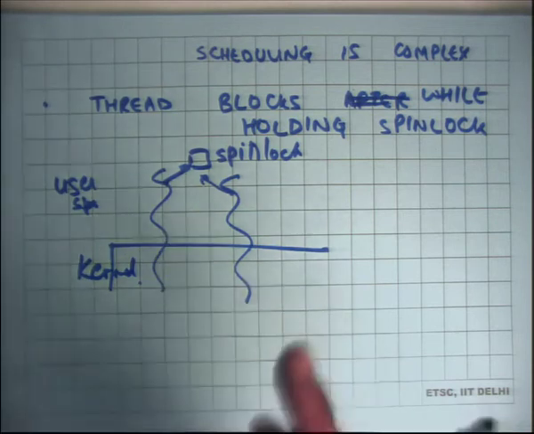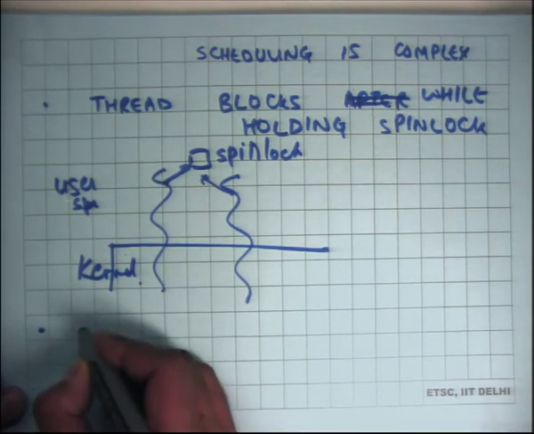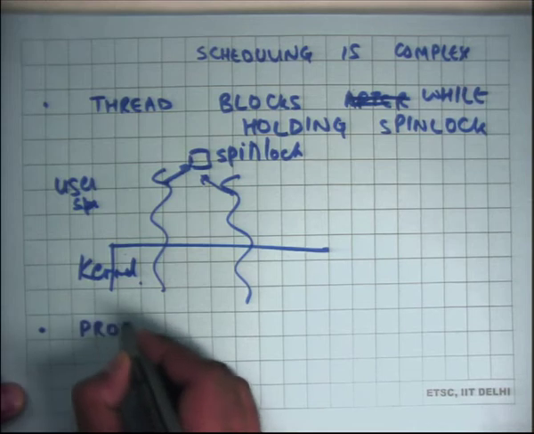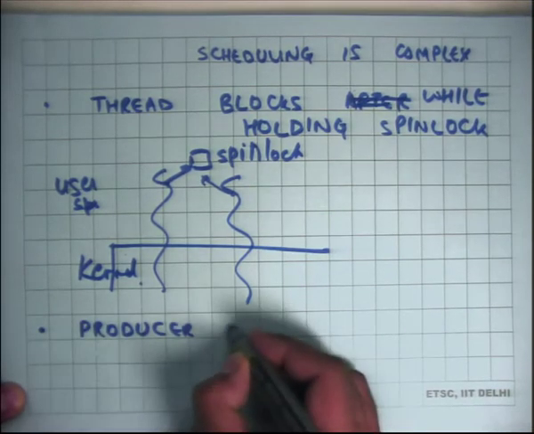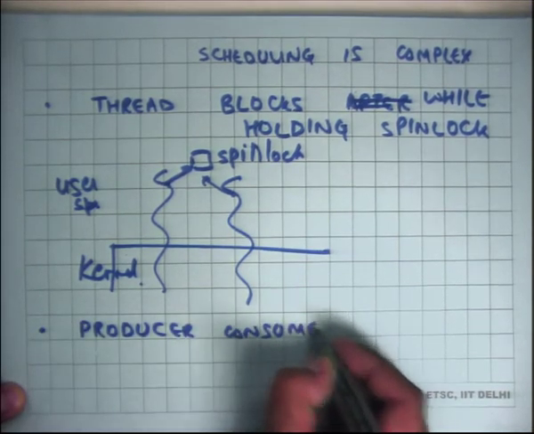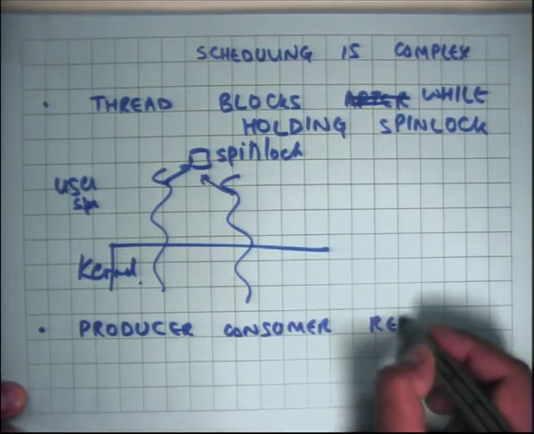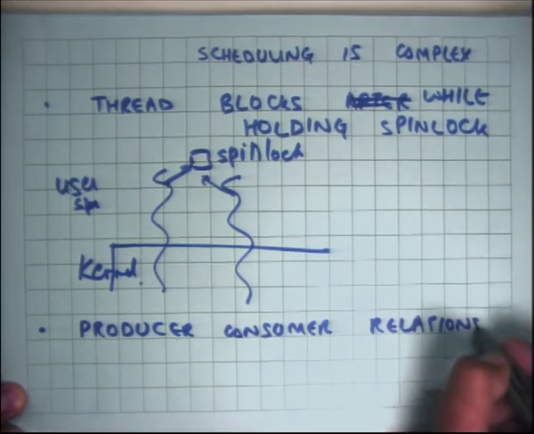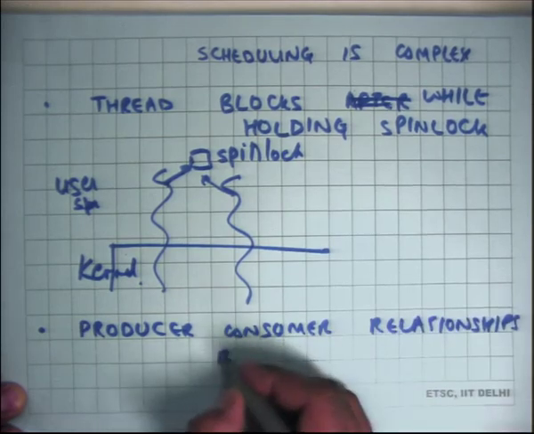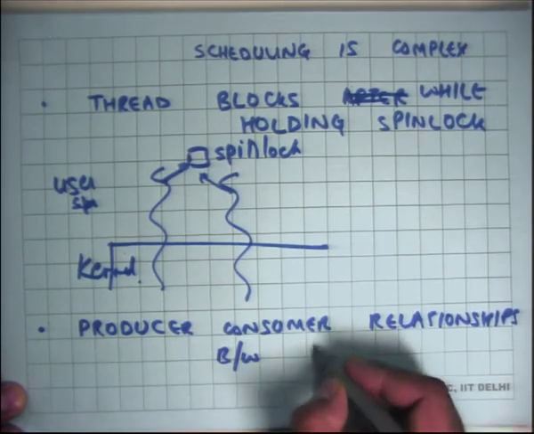Okay. All right. Just like threads, spin locks, there can be producer-consumer relationships. So spin locks is just one example, but there can be any type of synchronization between processes.